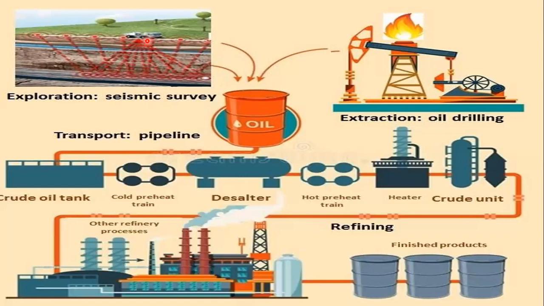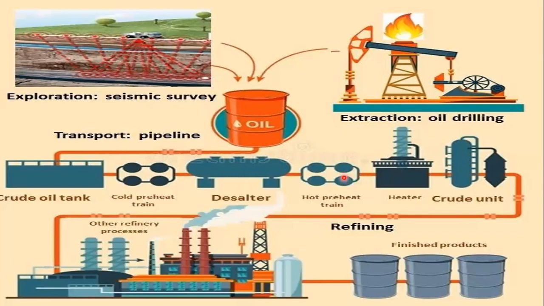Fine. And then after the survey is made, the equipment is fixed for extraction, oil drilling. Clear? After the oil is extracted, firstly it is crude oil, then it is heated.